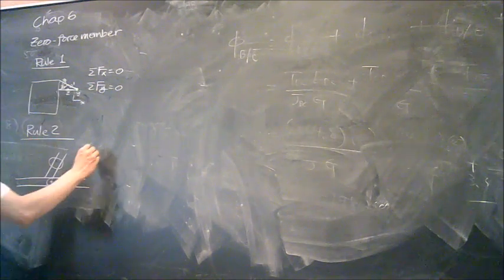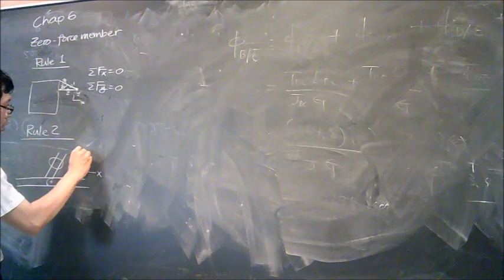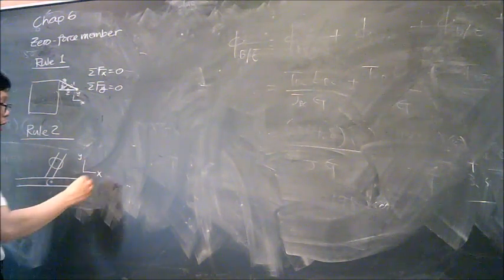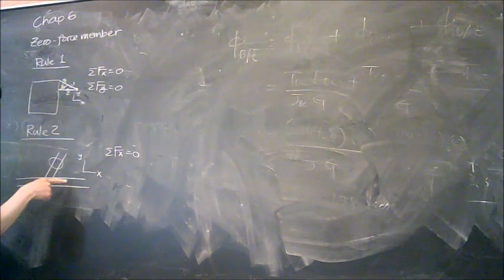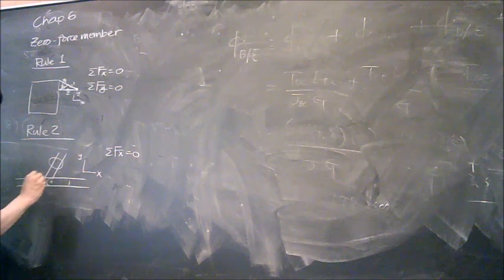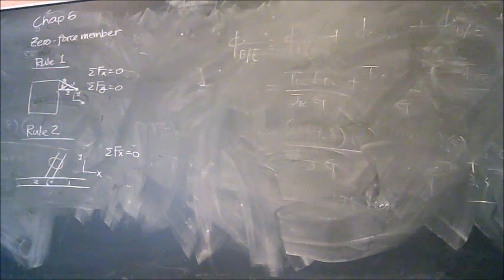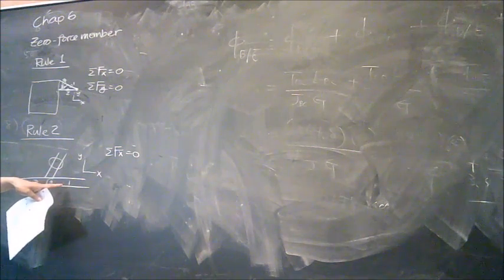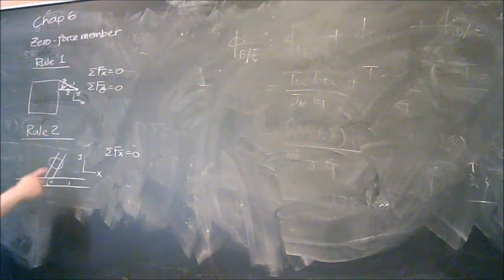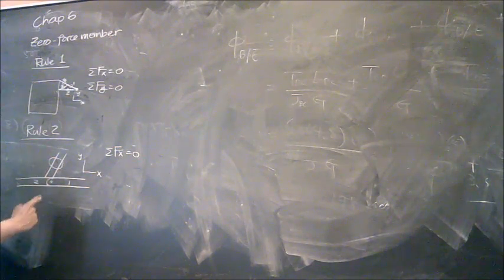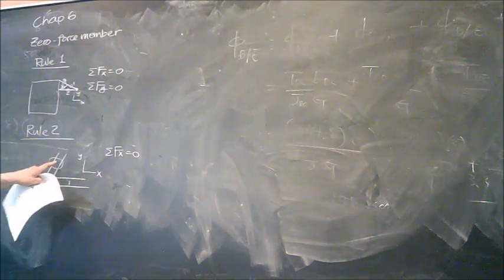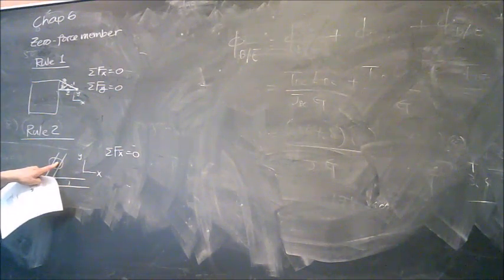The reason is, again, if I'm using the regular xy coordinate, the forces in member 1 and member 2 must be equal but opposite in direction in order to make the horizontal force equal to 0. However, this other member is going to contribute a force along here, but this is also the single force along the y direction, which means this member must be a zero force member.